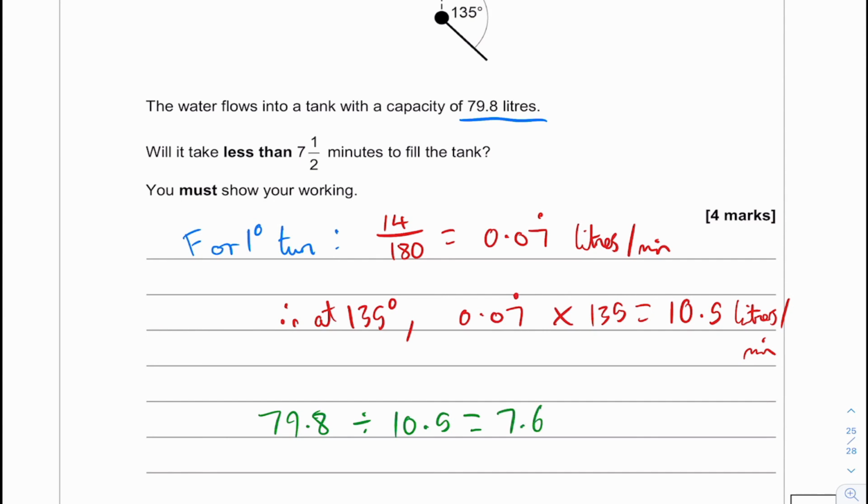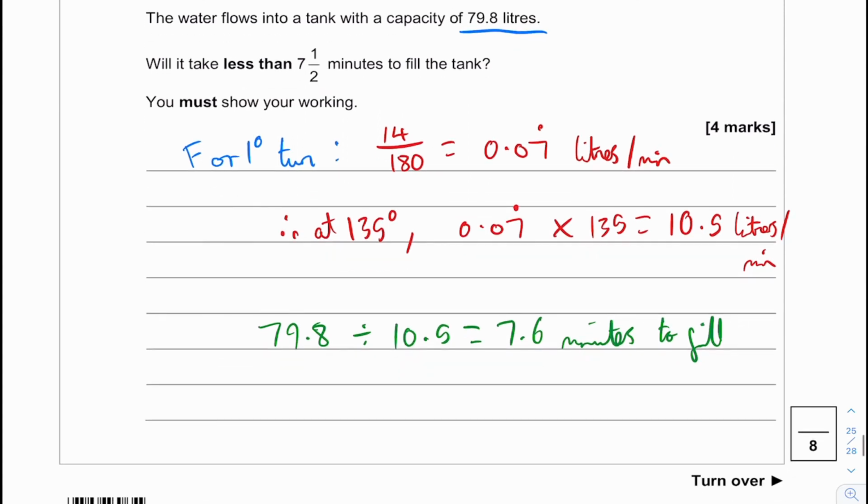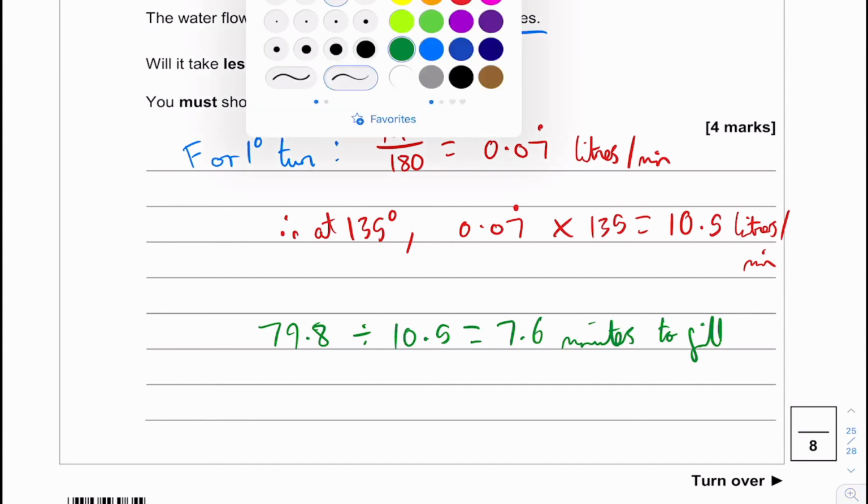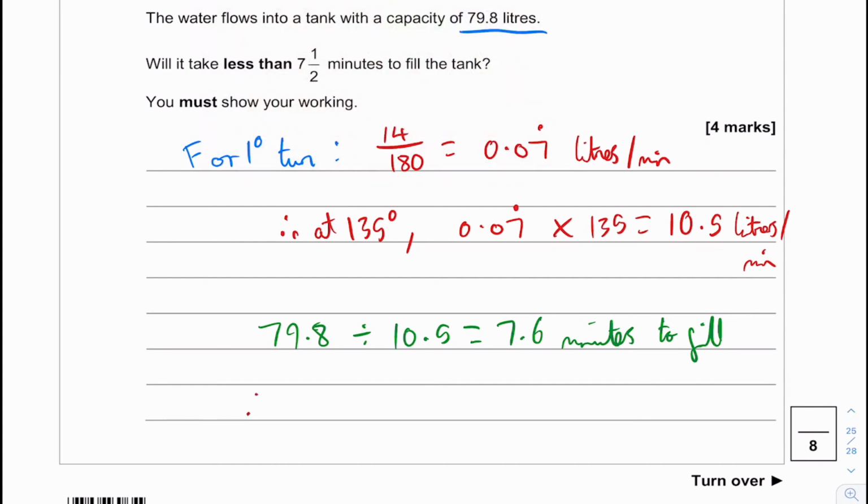So it therefore takes 7.6 minutes to fill the tank, and 7.6 is greater than the 7.5 minutes. So what we can say is therefore no, it will take 7.6 minutes to fill the tank.